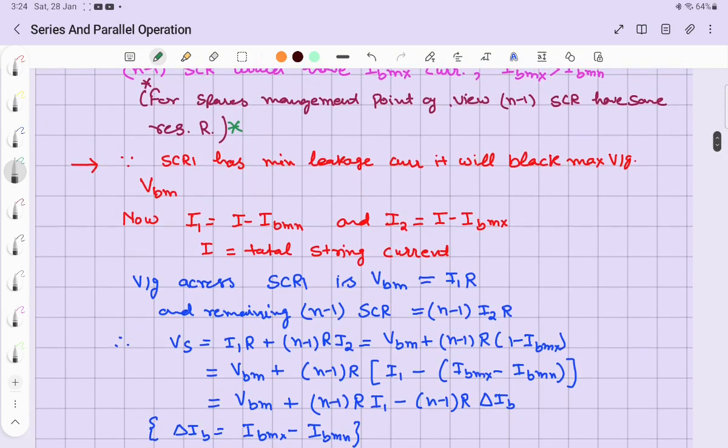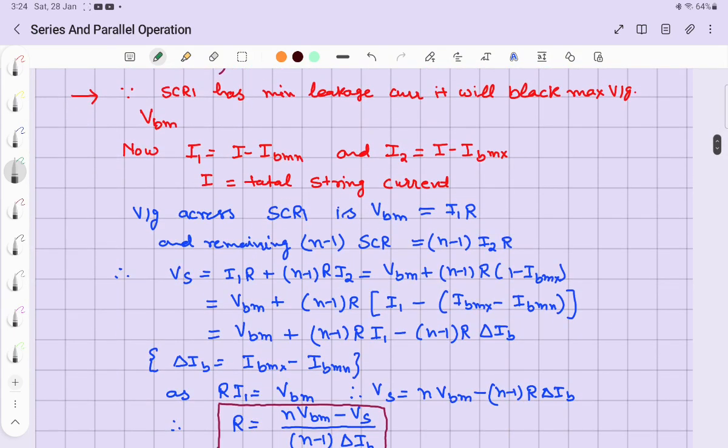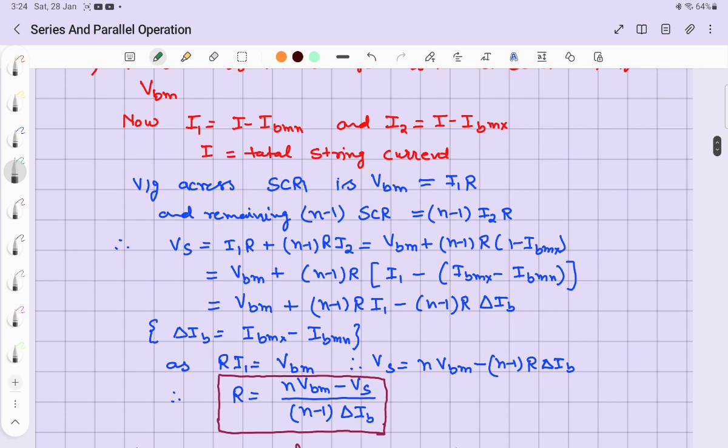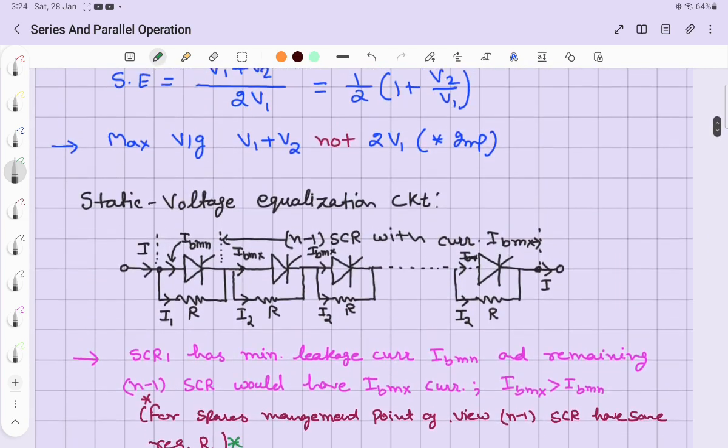Once again I am repeating the things. As SCR1 has the minimum leakage current, it will block the maximum voltage VBM. Now I1 is equal to I minus IBMN and I2 is equal to I minus IBMX, and I is the total string current. Clear? So voltage across SCR1 is equal to VBM, which is of course the maximum voltage.